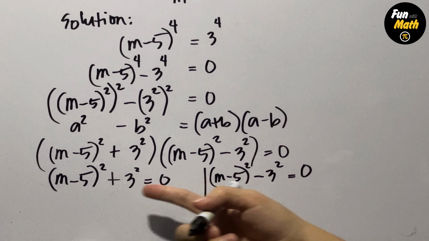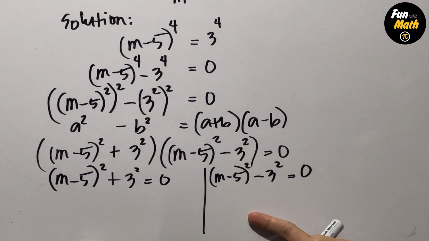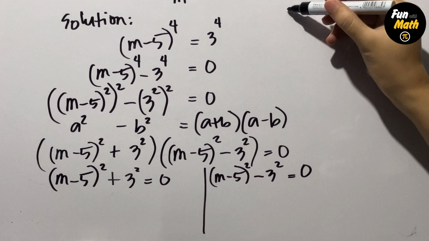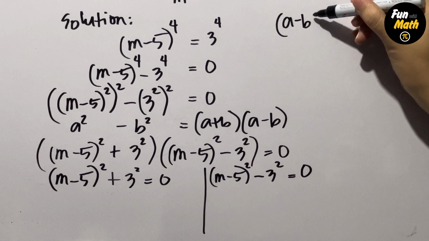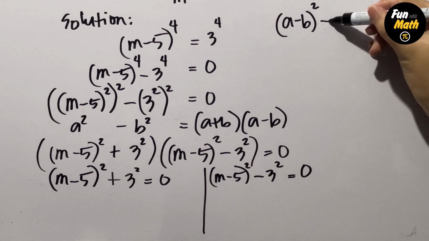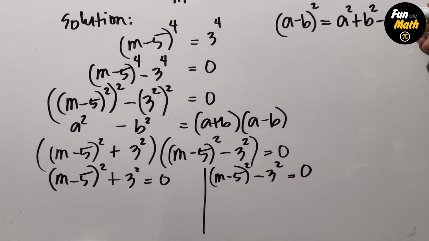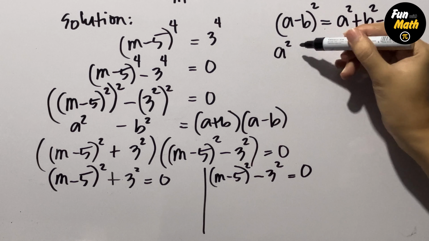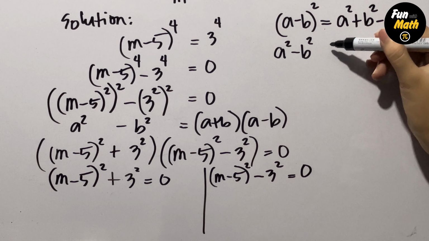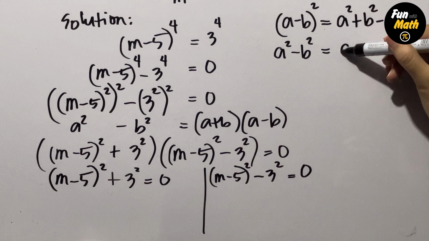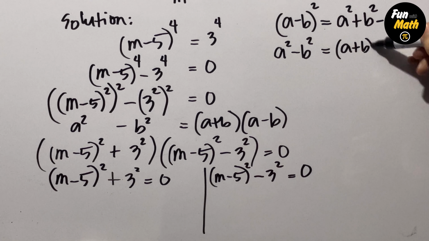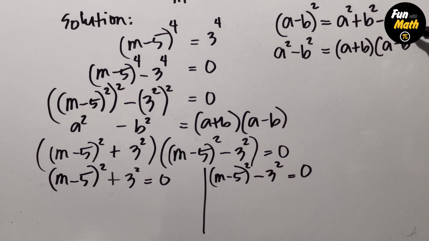Now, to solve this, we need to follow the rule of identity. We have (a - b)^2 is equal to a^2 + b^2 - 2ab. The other one is a^2 - b^2, which is also equal to (a + b)(a - b).